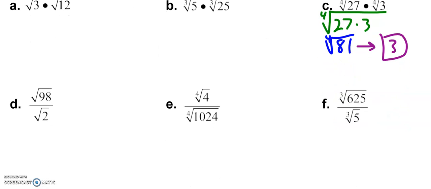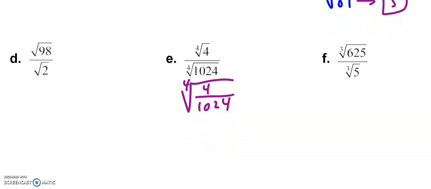Let's look at a division problem. So let's go ahead and jump to E. All right, so for E, I can rewrite this as the 4th root of 4 over 1024. Now I could type that into my calculator and use my calculator to help me simplify that fraction. And this is going to become the 4th root of 1 over 256.